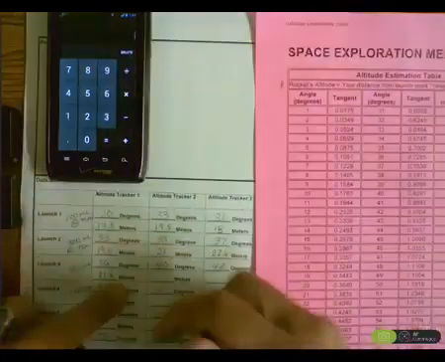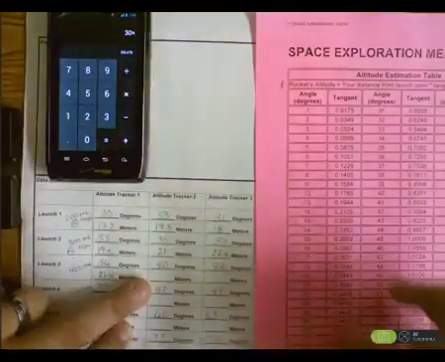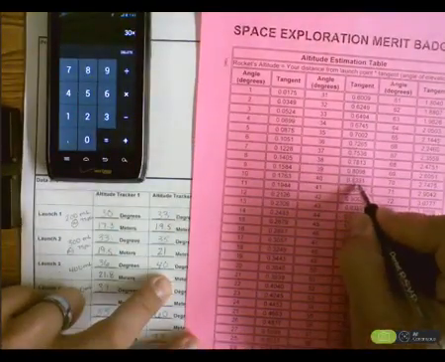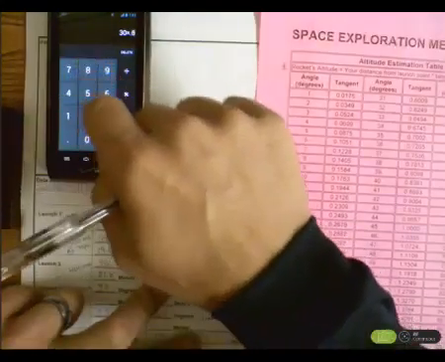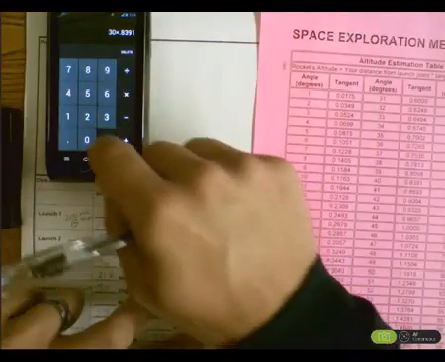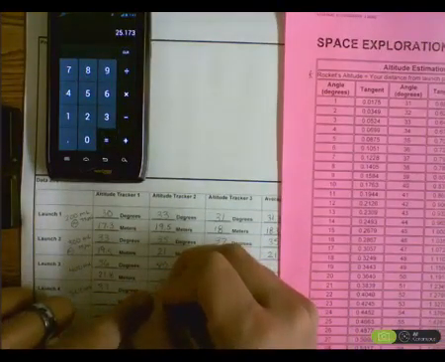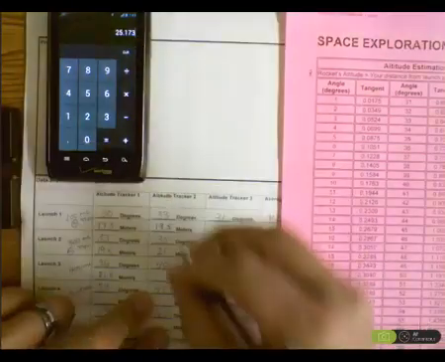Next one, 30 times 40 degrees, I find it in my chart, is 0.8391. Equals 25.1, well, we can round that up to 25.2 because the 7 would round the 1 up to a 2.